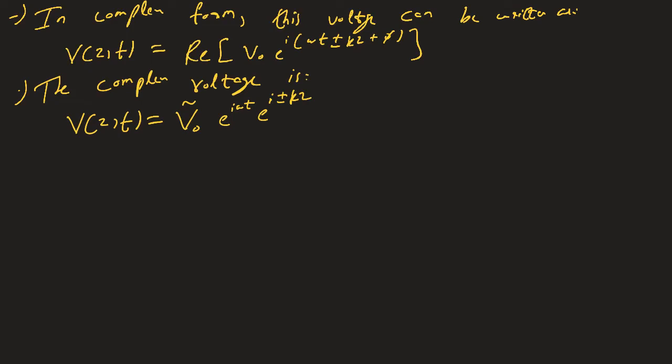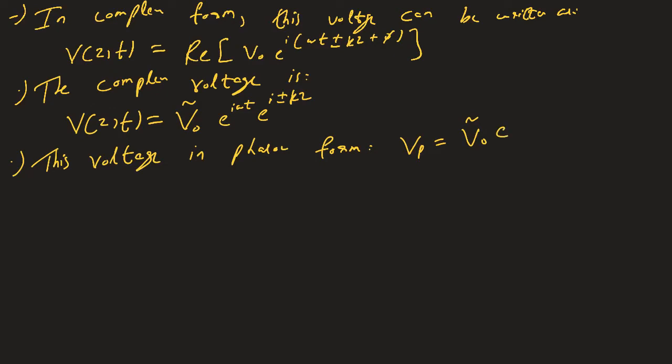So now once again, if we write this voltage in phasor form, this basically becomes Vp equals V naught tilde e to the i plus or minus kz.